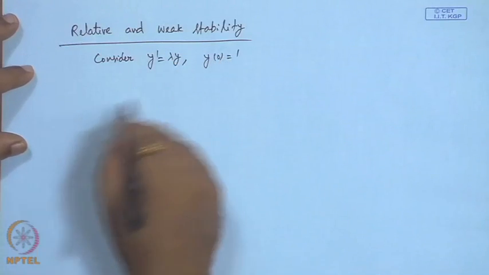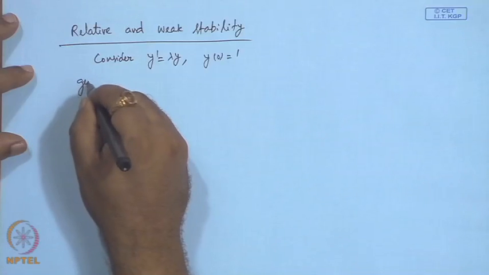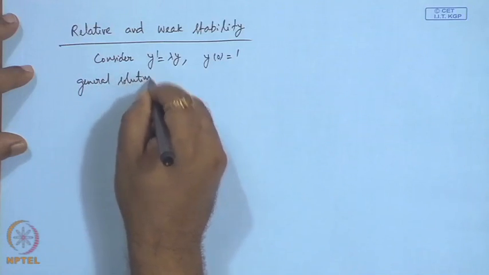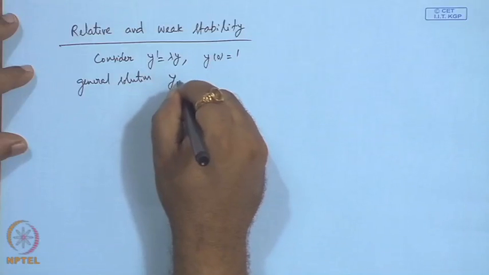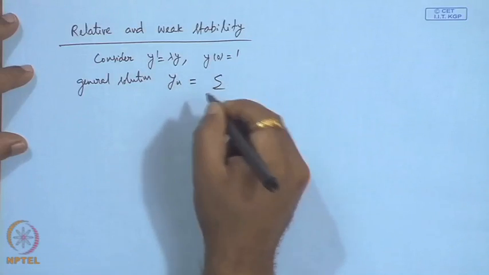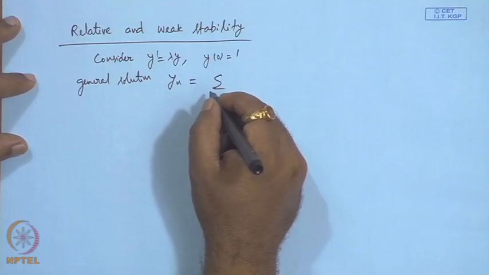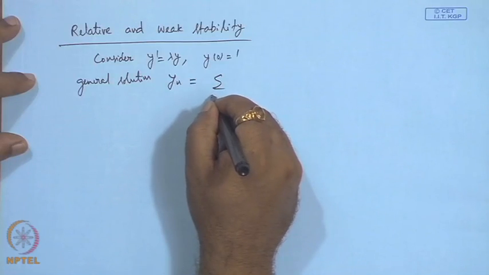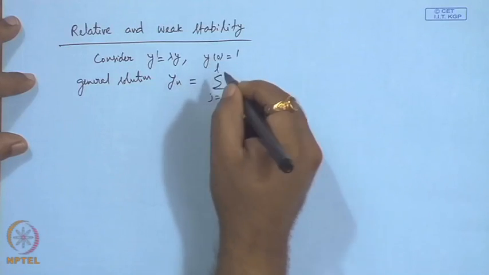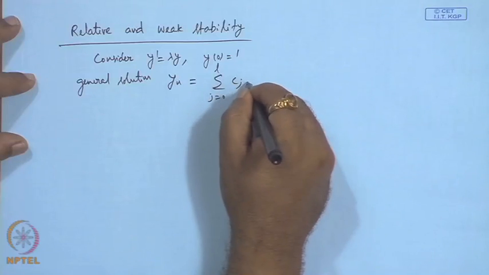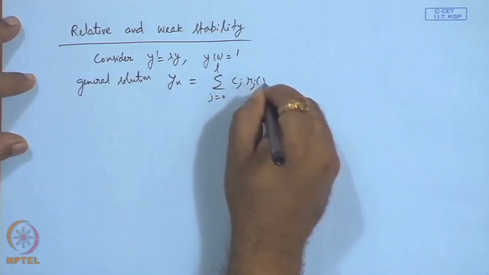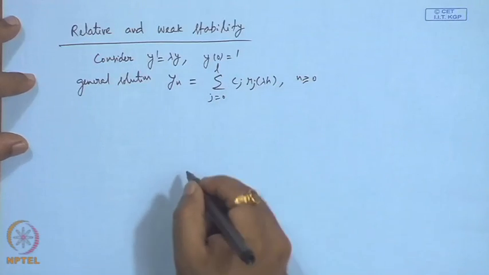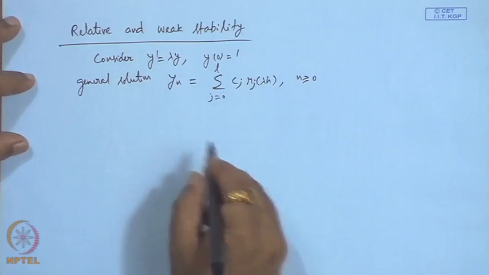Okay. Say, so the general solution for a general method is given by the sum over j from 0 to L of C j R j to the power n, with lambda h.